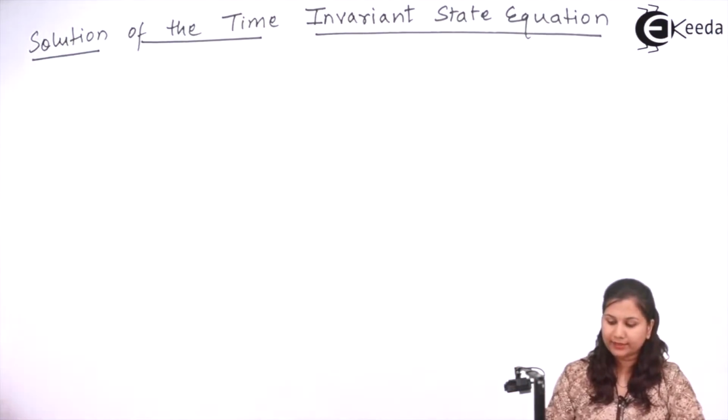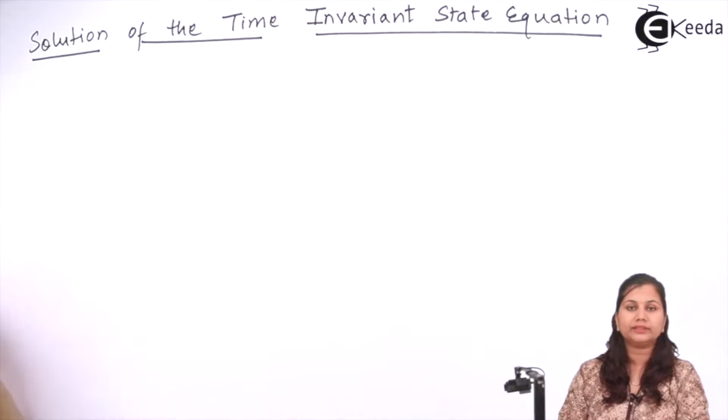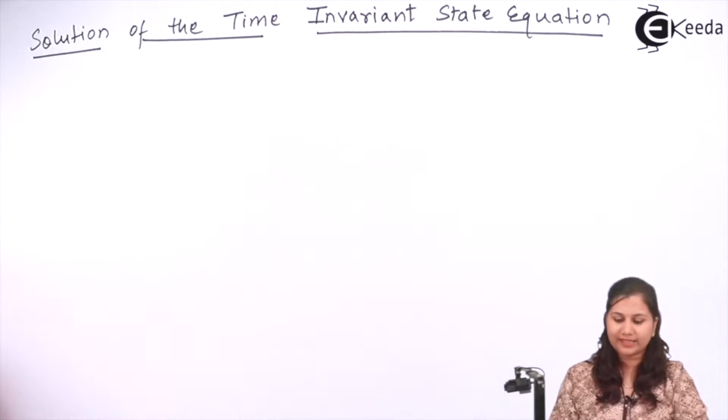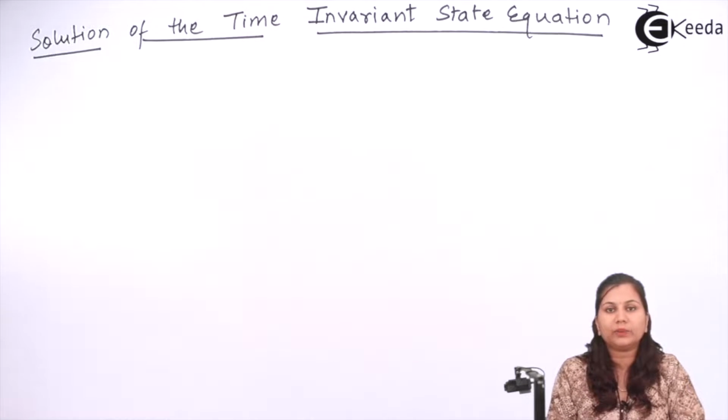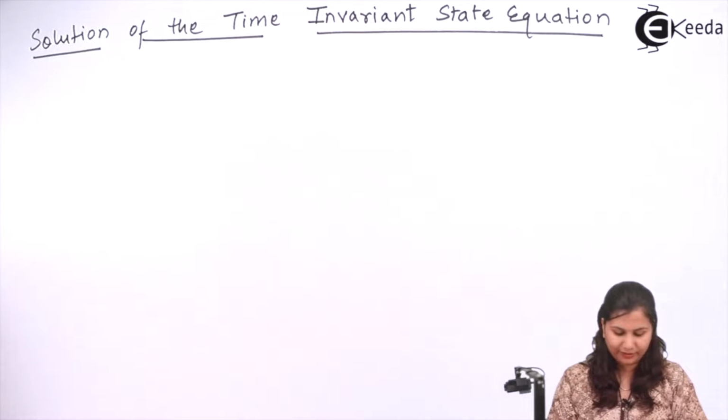Now we know that the state equation for the time invariant system is given by the formula x dot t equals A x t plus B u t.